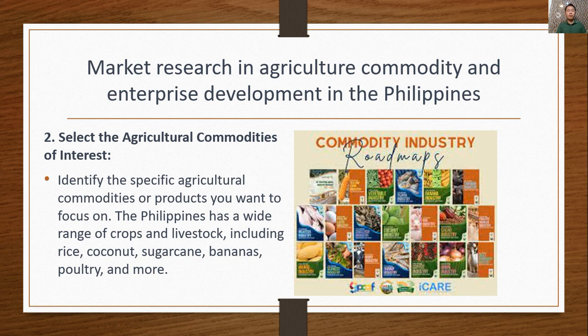Then select the agricultural commodities of interest. Identify the specific agricultural commodities or products you want to focus on. The Philippines has a wide range of crops and livestock, including rice, coconut, sugarcane, bananas, poultry, and more. So you have a lot of options.